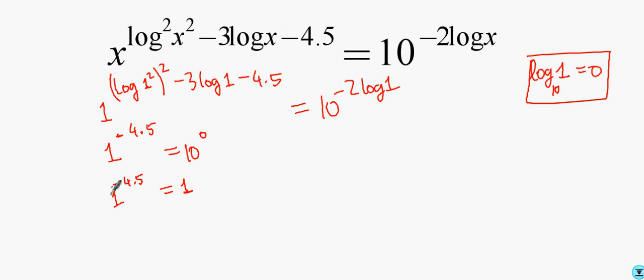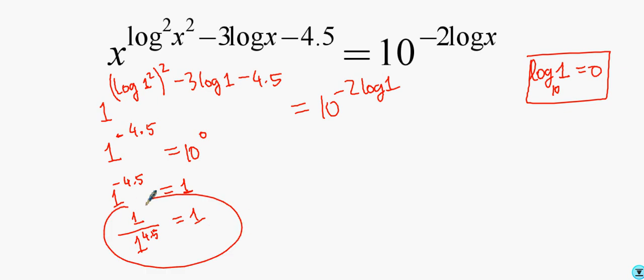Well, I can rewrite this as 1 over 1 to the 4.5. Now, 4.5 is really 9/2.